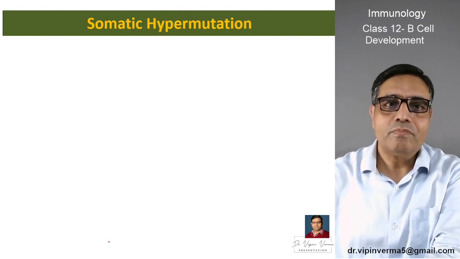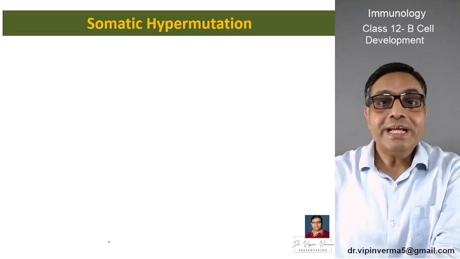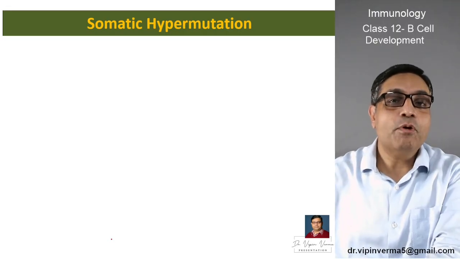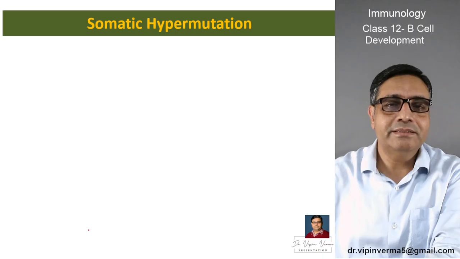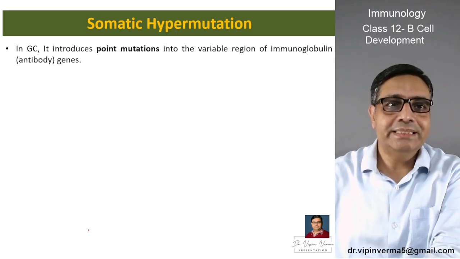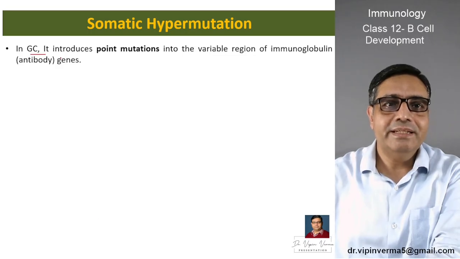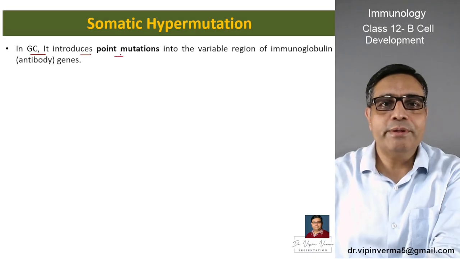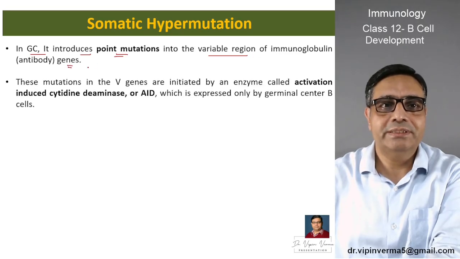Okay. Now, somatic hypermutation is a very important event, and I think a very unique event in B cells. Particularly in the germinal center, somatic hypermutation introduces point mutations into the variable region of Ig genes, or the antibody genes, right?